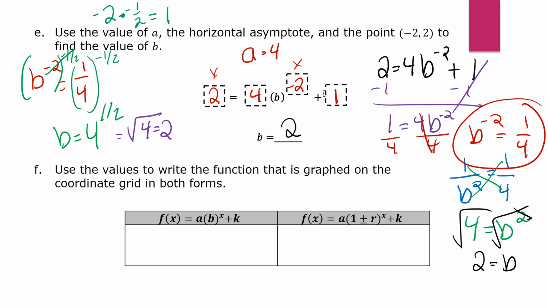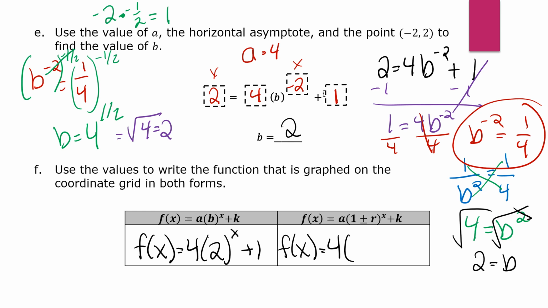All right, and then our last one, they want us to just write both of the formulas. Using both formulas, we have all of our variables, and we're going to just write our functions. So our first one, f of x equals a b to the x. So a is, we said it was 4, b is 2, raise that to the x, and then k is 1. All right, and then for our other form, we have f of x equals a, 4.